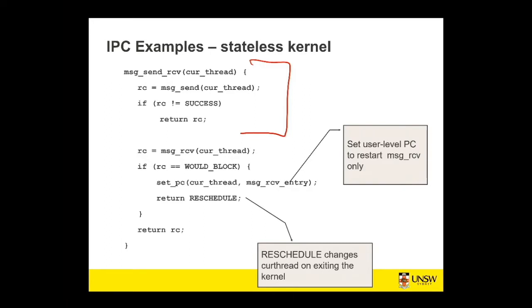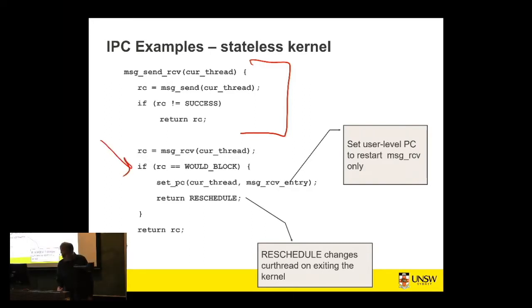Okay? Now, if we would block, we need to do something about that. Okay? So what we do in this example is we set the current thread's program counter for kernel entry to be a slightly different function than send and receive: we set it to call just receive.